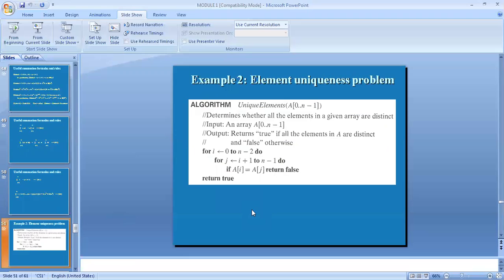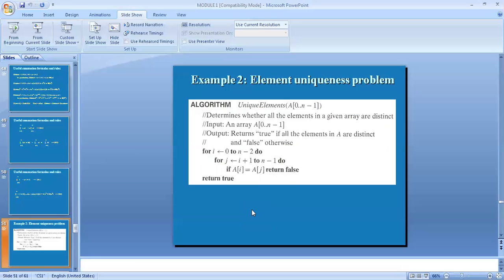Let's consider the second example, the element uniqueness problem: check whether all the elements of the given array are distinct. This problem can be solved by using the straightforward algorithm UniqueElements A[0..n-1]. It checks whether all the elements of the given array are distinct.